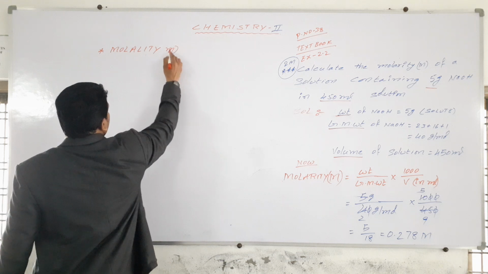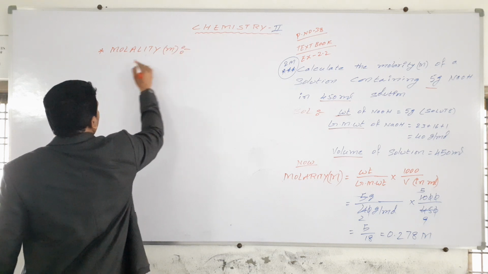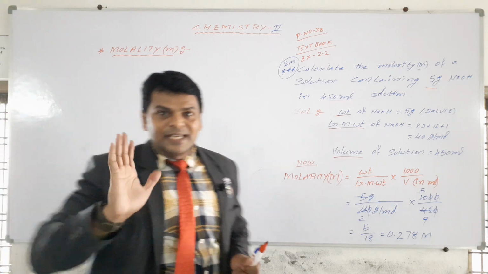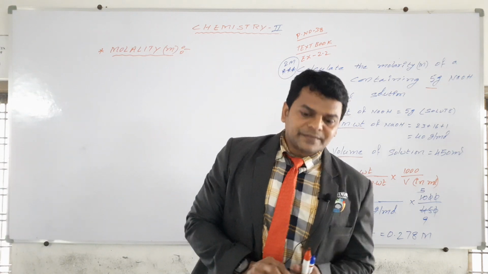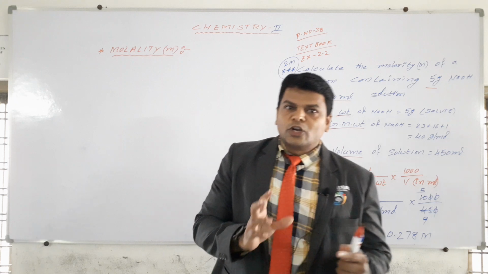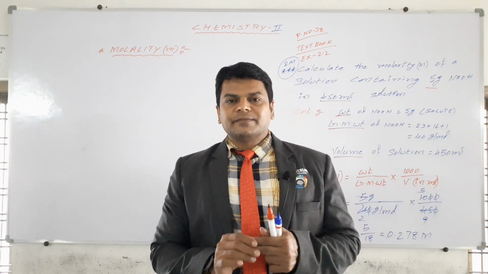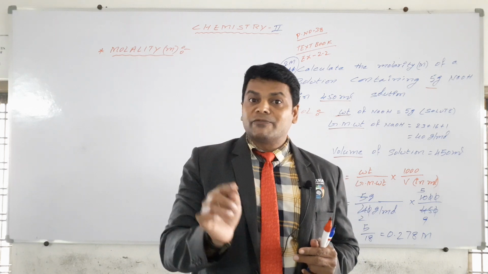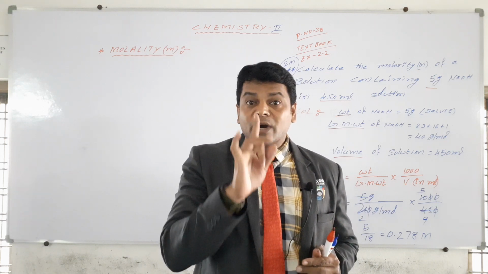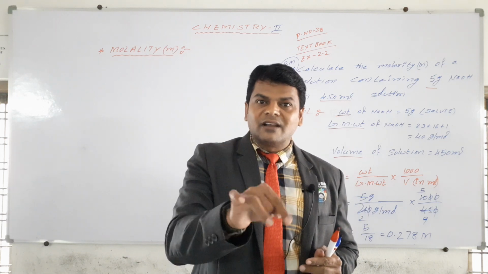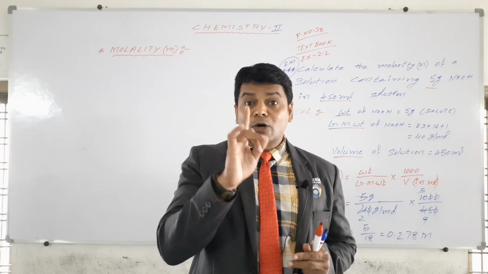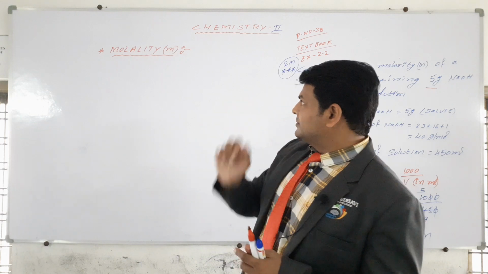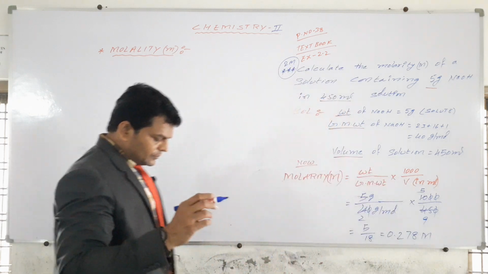It is denoted by small m. What does molality mean? Here we have to take the solute weight and the solvent weight. It means the number of moles present in 1 kg of the solvent or 1000 grams of the solvent is called molality.